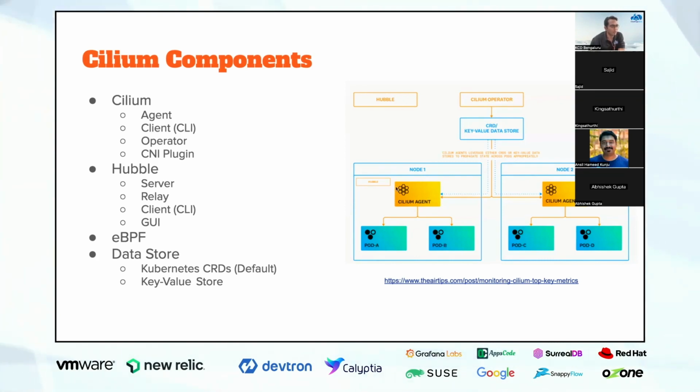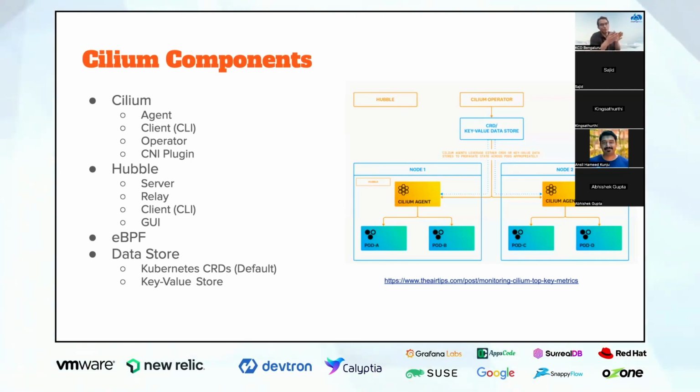Then we're going to have something called Hubble. Hubble is inserted in every machine, and it has a view of the packets going in and out of the system. Then there's a Hubble relay, which sits on top of the whole cluster and maps the traffic going in and out between the nodes.